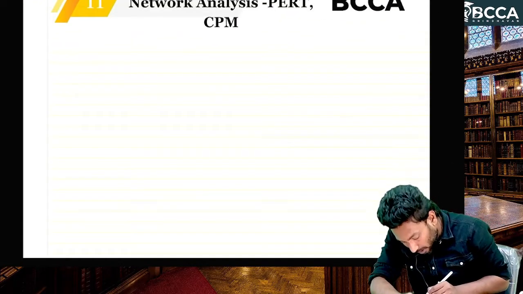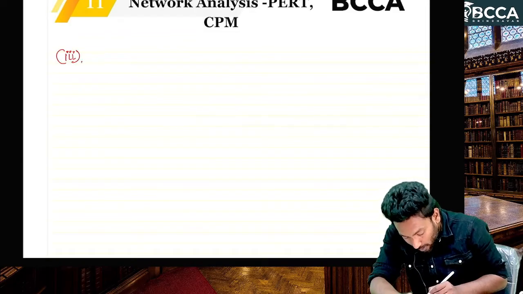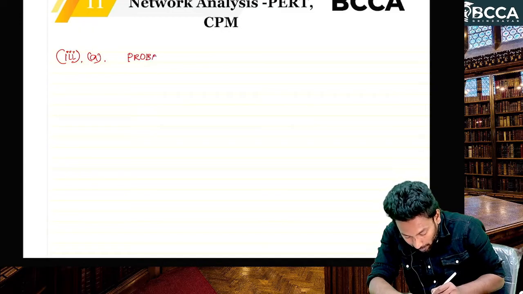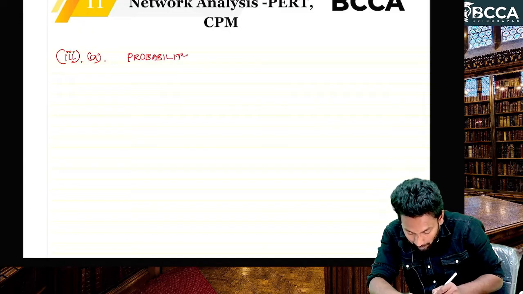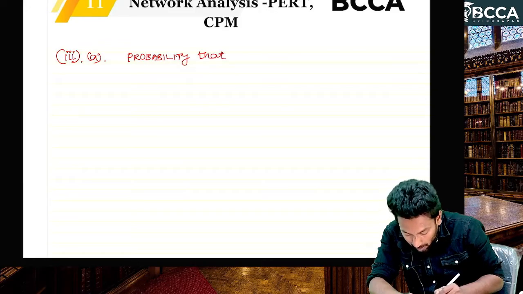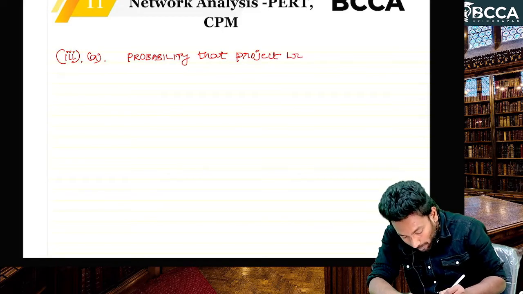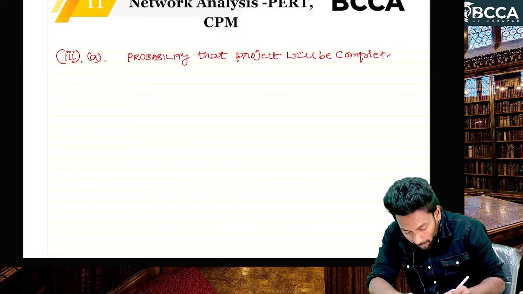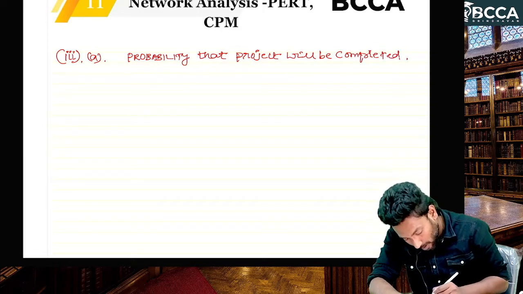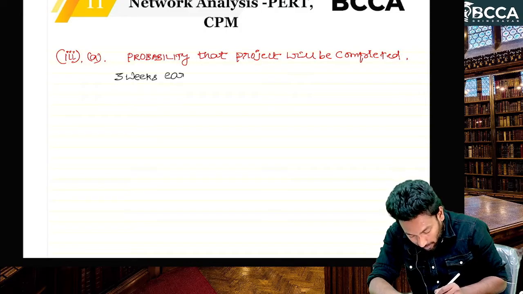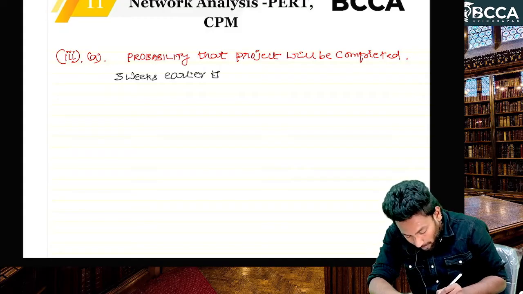So write along with me, sir. 3A. Probability that project will be completed three weeks earlier than expected time.